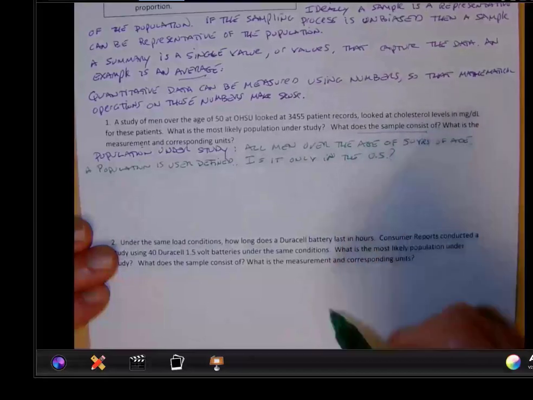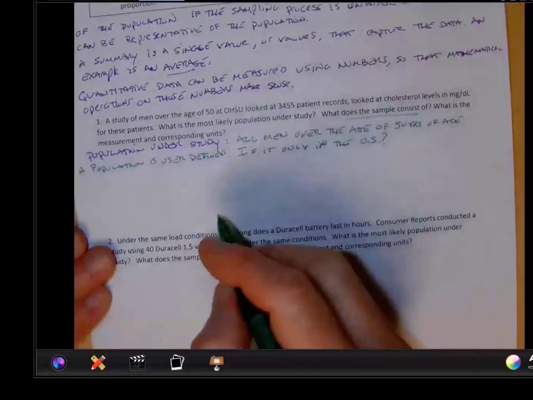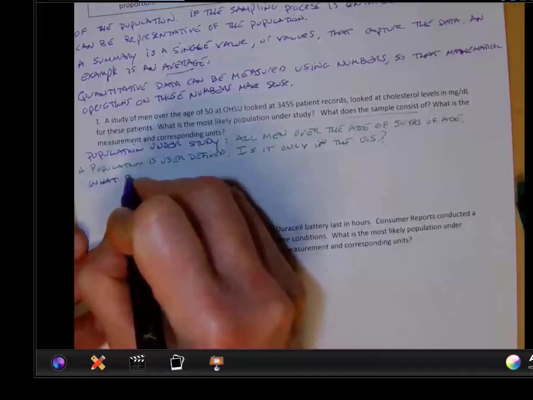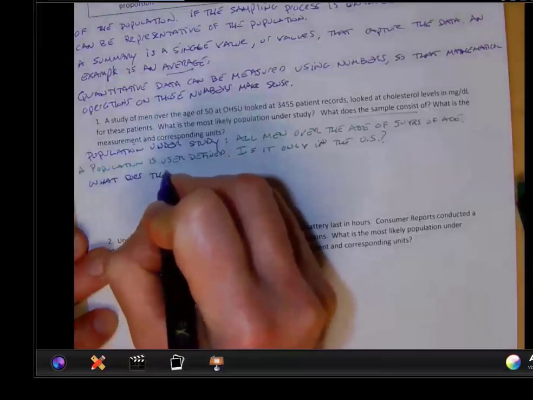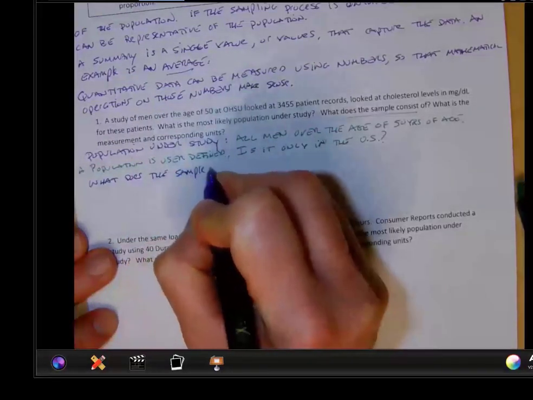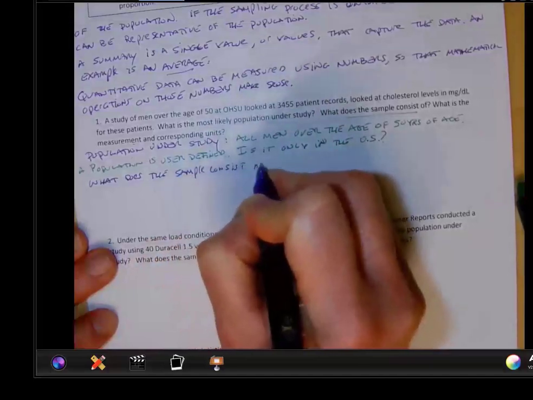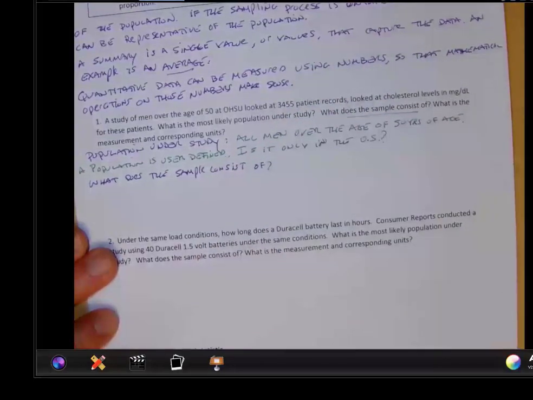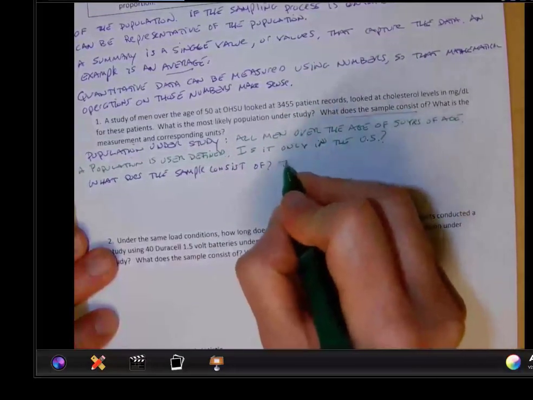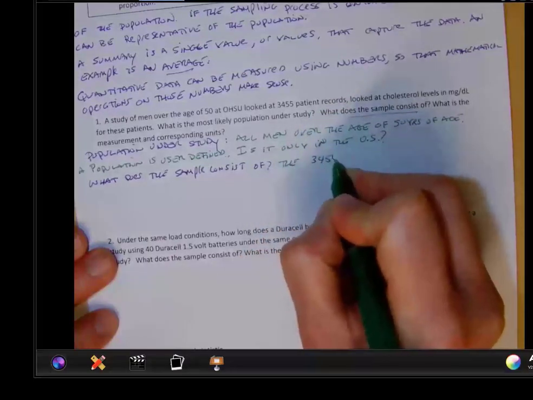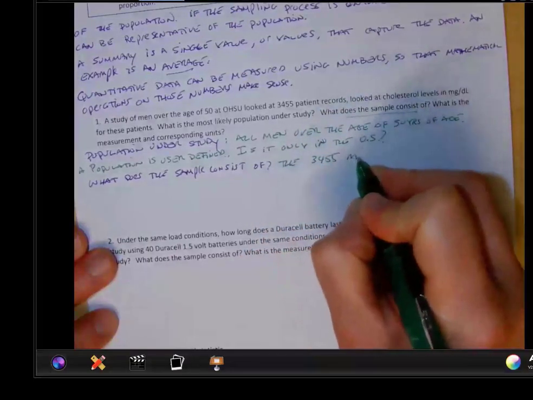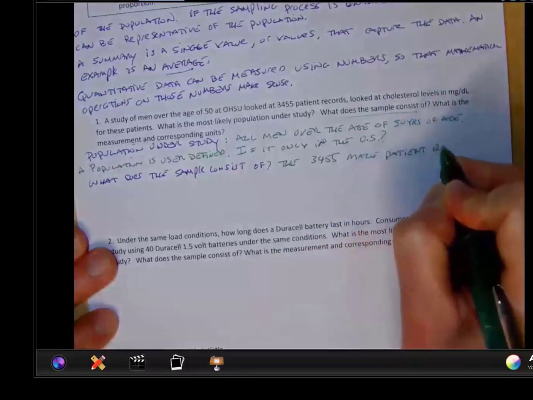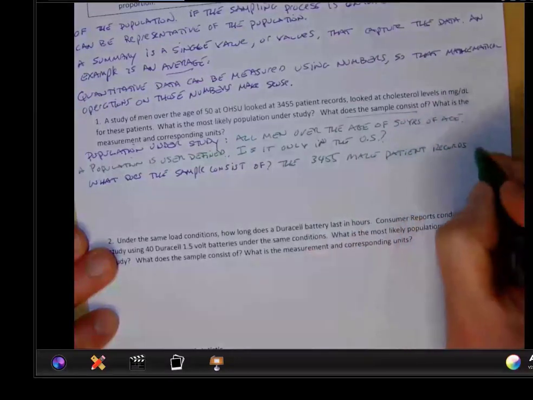Again, what does this sample consist of? In this case, the sample just considered the 3,455 male patient records from OHSU.